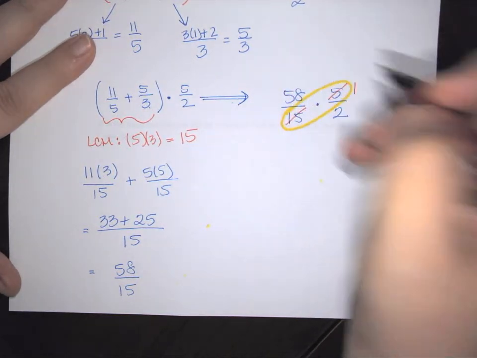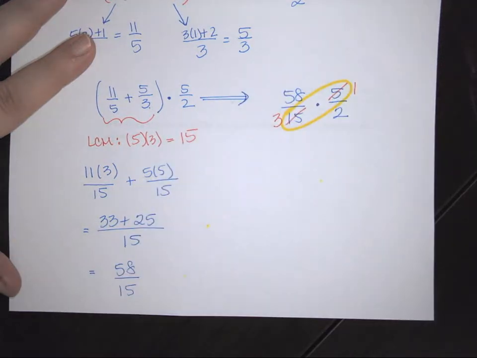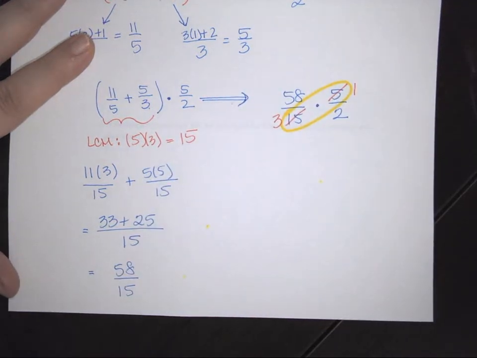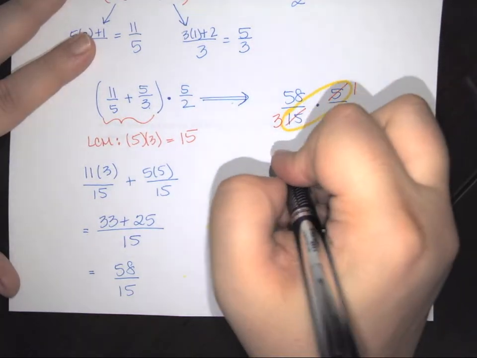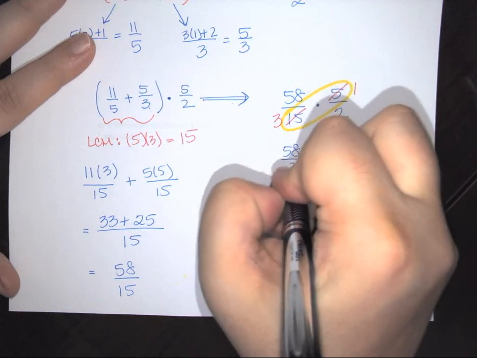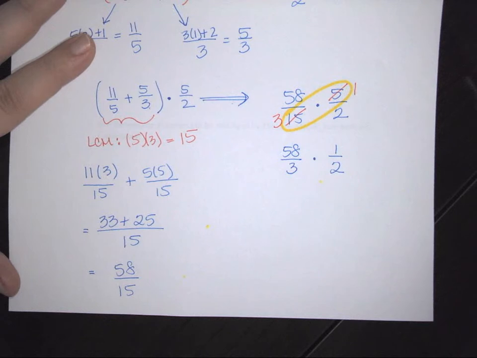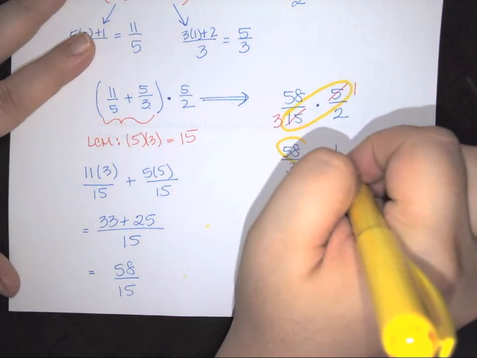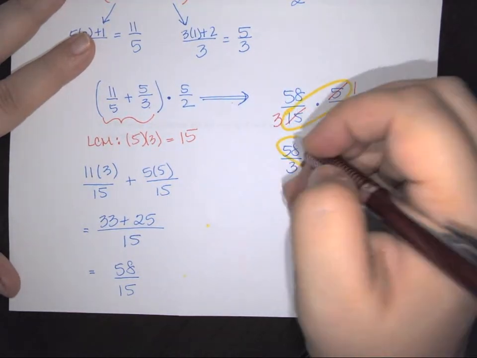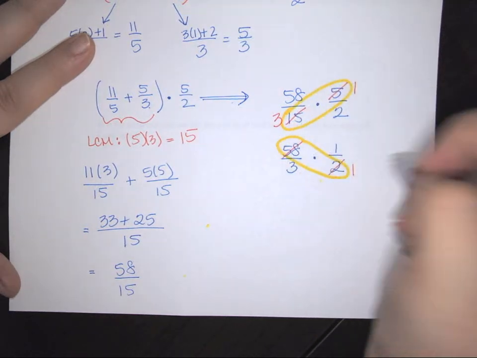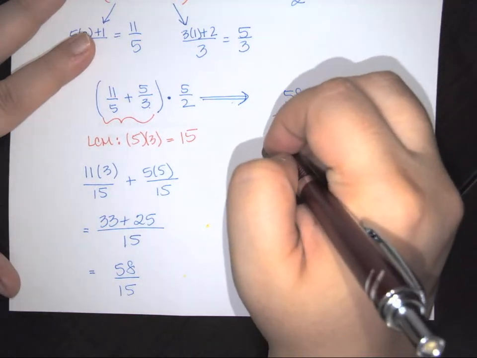So 5 goes away and leaves 1 behind, 15 goes away and leaves 3 behind. The other thing we can notice is that 58 and 2 are both even numbers. So what are we left with here? I am left with 58/3 times 1/2, and 58 and 2 will also reduce. So 2 goes away and 58 leaves behind 29.